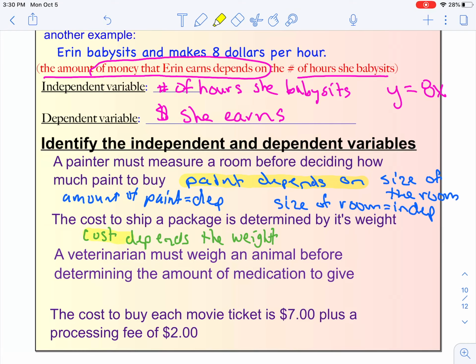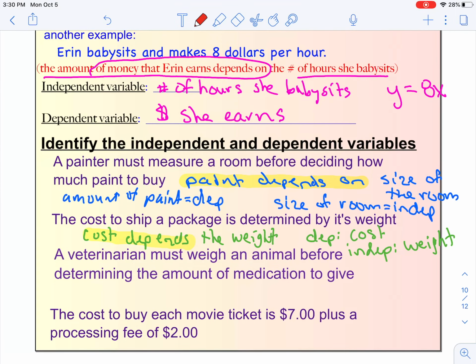So again, the cost is what depends on. So the cost is the dependent variable. So the dependent variable is the cost, and the independent variable is the weight. Hopefully you're starting to understand these a little bit better.